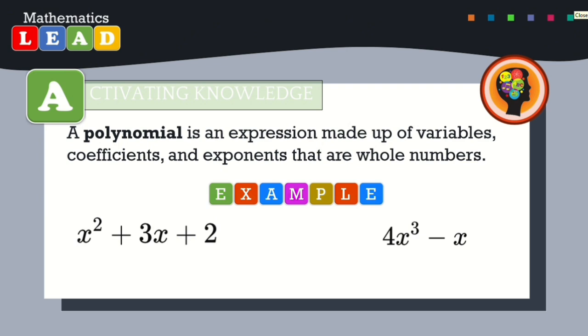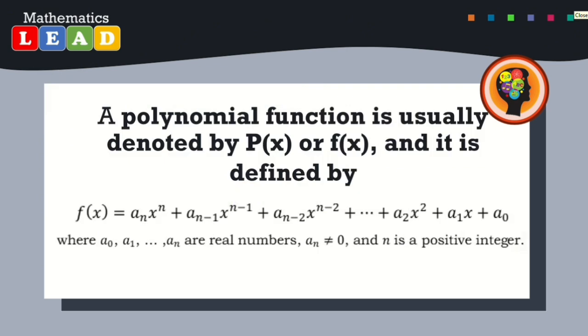Okay? Next, a polynomial function, which is denoted by p of x or f of x, and it is defined by f of x equals a sub n times x raised to n plus a sub n minus 1 times x raised to n minus 1 plus more terms in between until we reach a sub 2 x squared, a sub 1 x, and finally a sub 0.